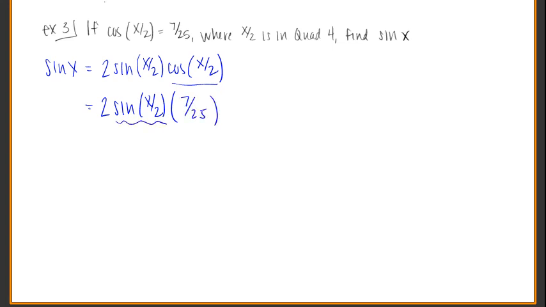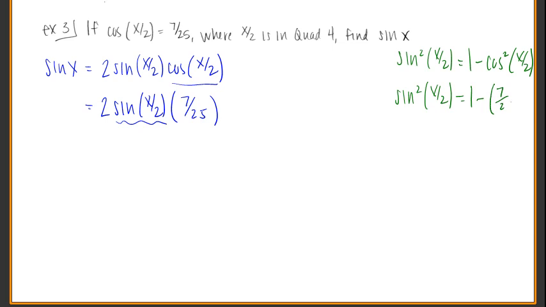So all we have to do is figure out what sine is, and if I know cosine, I can definitely get sine by using our very first primary identity, where sine squared of x over 2 is going to be 1 minus cosine squared of x over 2. So sine squared of x over 2 is 1 minus 7/25 squared.